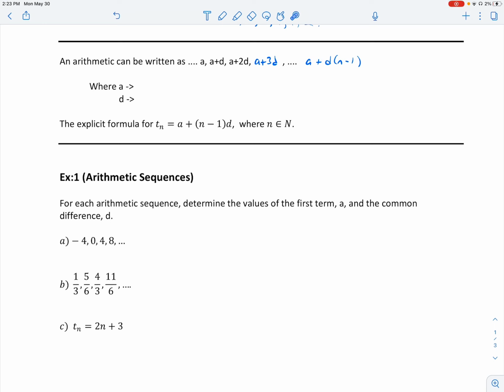For a sequence that follows this arithmetic pattern, a is always going to be the first term. So a represents the first term of the sequence, and d is the common difference between consecutive terms.